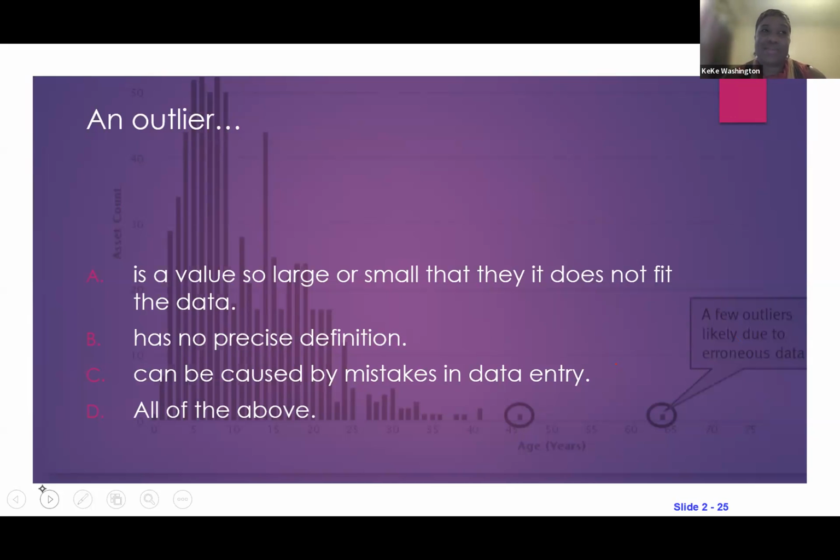And sometimes an outlier in your data could just be a mistake. So in this case, our answer would be all of the above. Okay, it doesn't fit the rest of the data. It could be a mistake when you entered it in. It could be correct, but it has no precise definition. Okay, so that's why you see potential or possible.